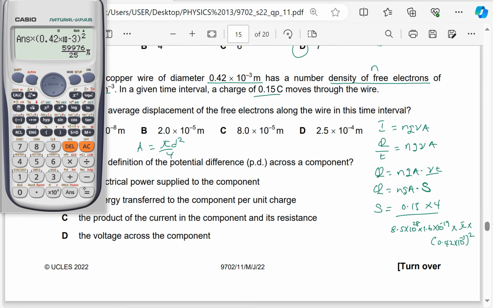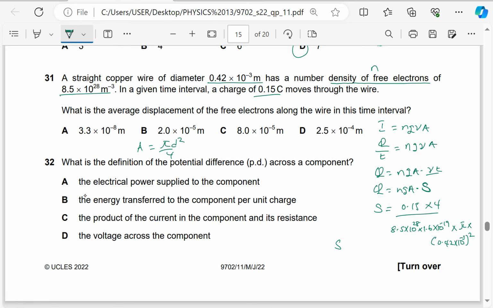Then I'll get the numerator, which is 0.15 times 4 divided by the answer. So I'm getting 7.9, which is approximately 8.0 times 10 to the power of minus 5. So the displacement is 7.96 times 10 to the power of minus 5 meters. So the answer is going to be C.